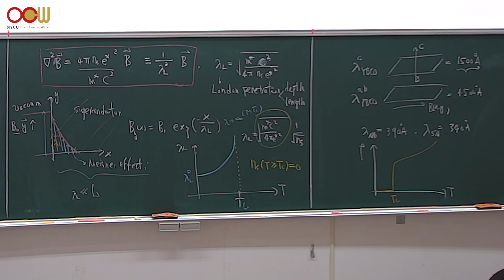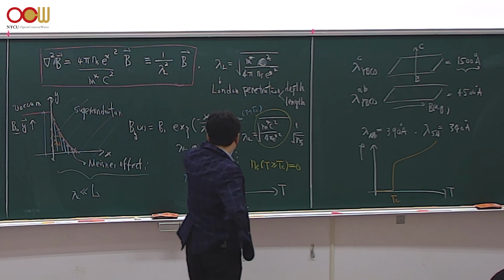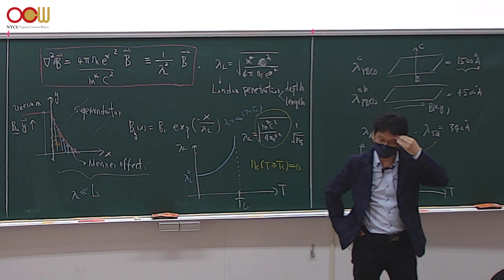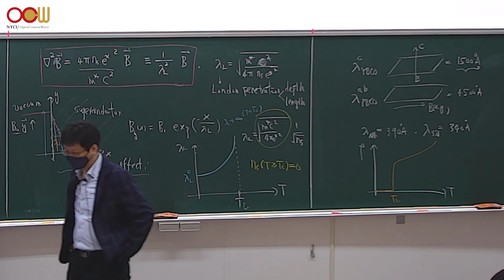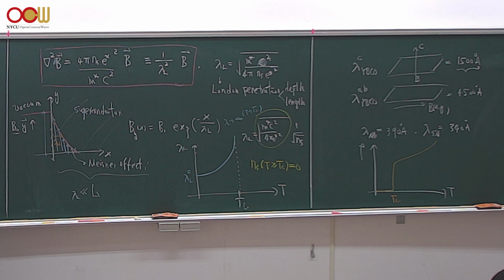By the way, you could look at all these equations, formulas and figures in any references, especially Ashcroft-Mermin and Kittel's first book, which give you a very detailed description of this phenomenology and those properties, the London penetration depths and so on.